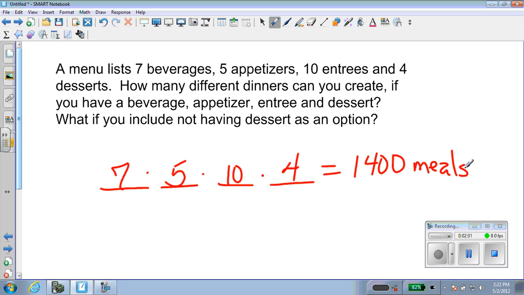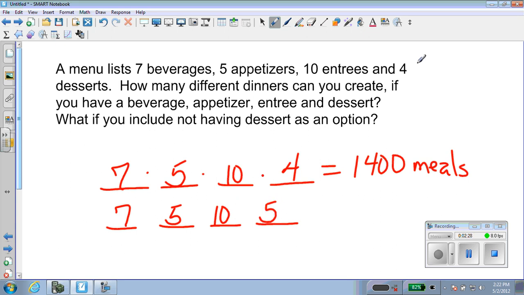Now it says, what if you include not having dessert as an option? So you're too full. The waitress comes by and says, and what would you like for dessert? We're still going to have 4 stages to the problem: 7 beverages, 5 appetizers, 10 entrees, and 5 dessert options.